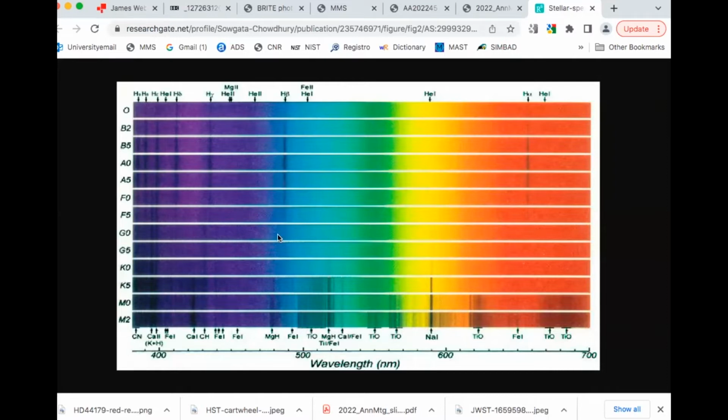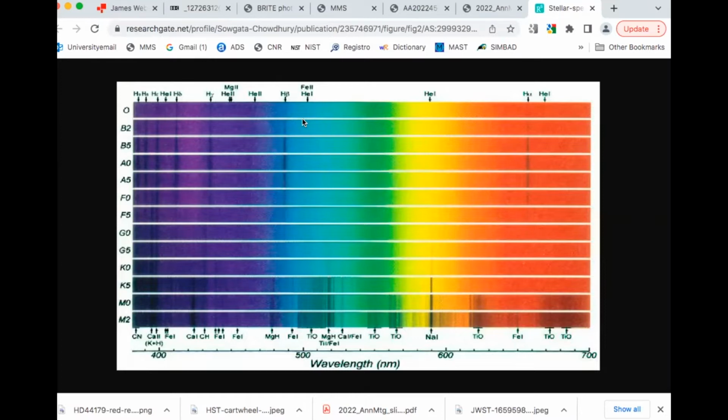Now, these are stellar spectra. In this case, they're stars that are relatively compact on the main sequence. That is, these are stars that are in their first stage of nuclear burning, which are the bulk of the stars that you see in the sky because they have the longest lifetime. The presence of these lines signals both temperature and other physical conditions in the outer layer of the star.